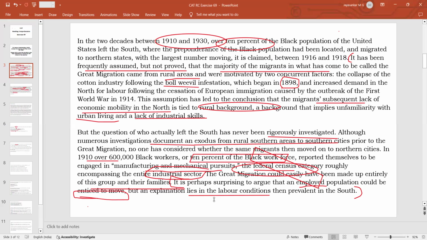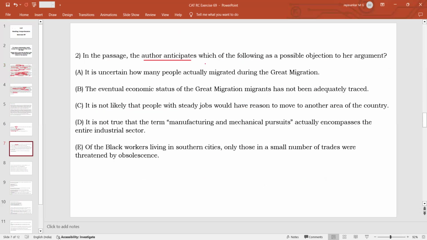And she gives the reasons for that movement. So the author is expecting this objection, and she is anticipating it and then addressing it.